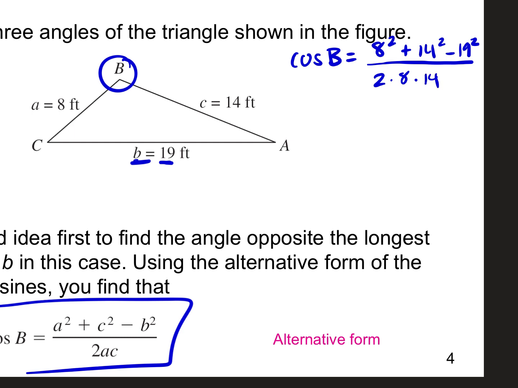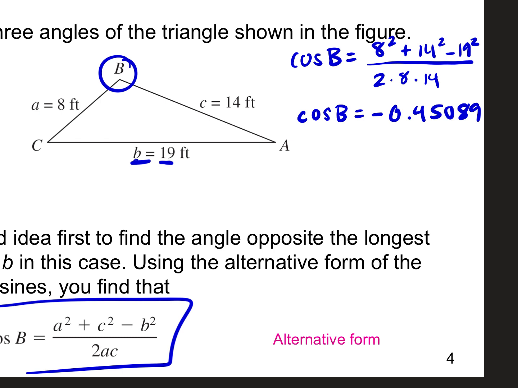So just be careful in putting this into the calculator. You can do it all in one, but if you're not careful or don't know how to put it all together, don't like using parentheses, then just do it all separately and subtract it individually. All right, so when we put this in the calculator, you should get negative 0.45089.